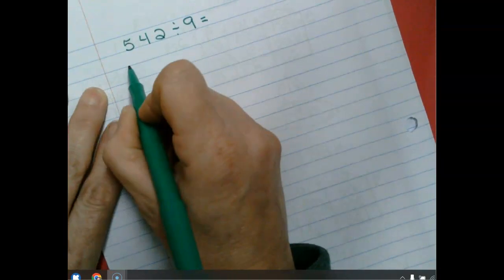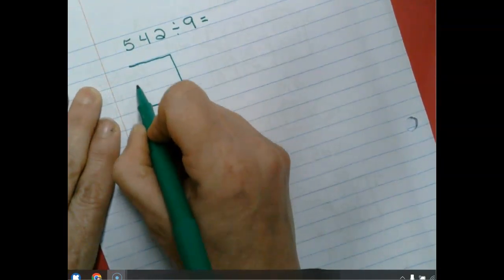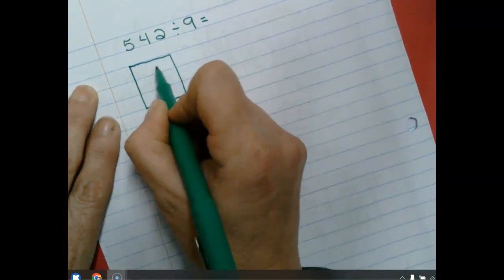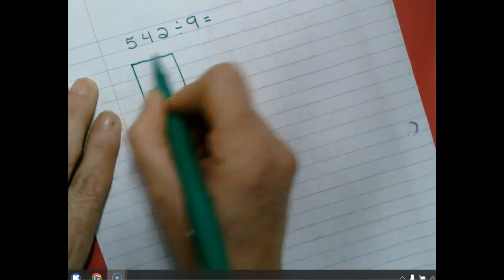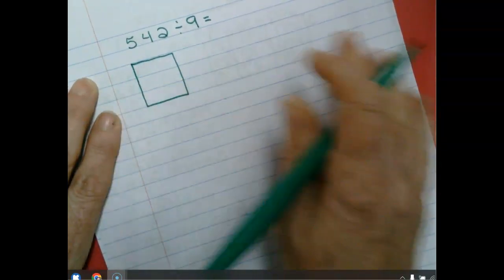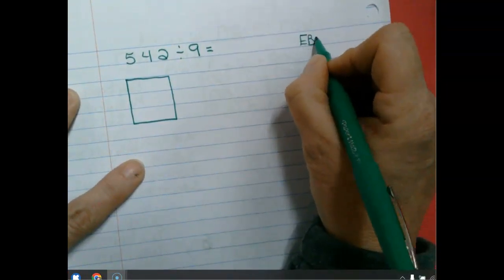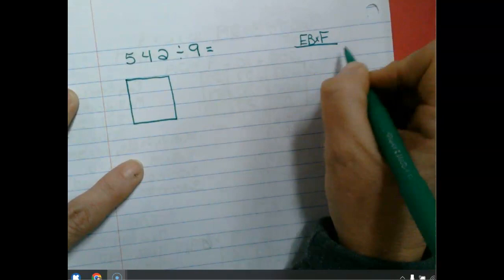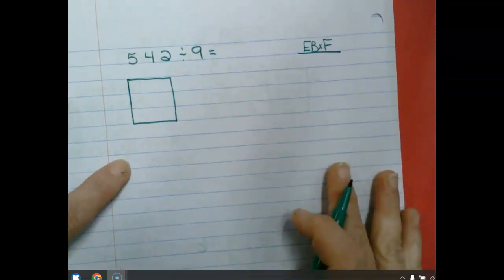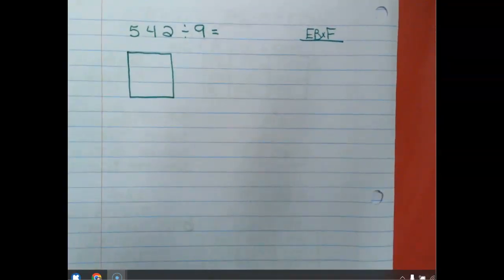Don't forget, you're drawing your area model, you're putting your area inside, you are putting your width on the outside. Also, don't forget to do your easy breezy multiplication facts to help you as you're dividing. All right, good luck. I hope you get the hang of this.